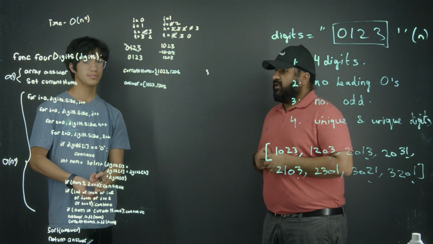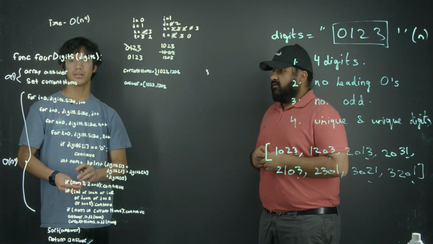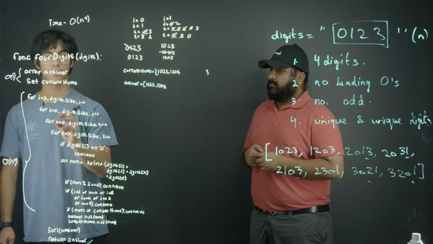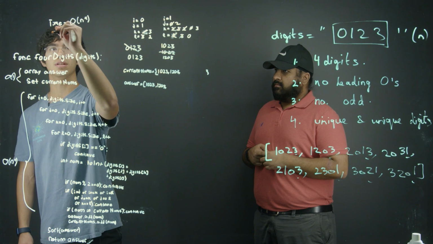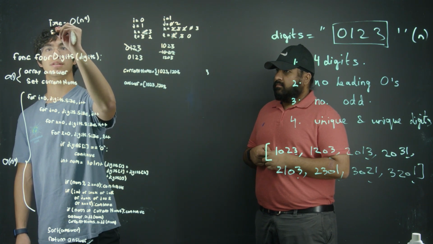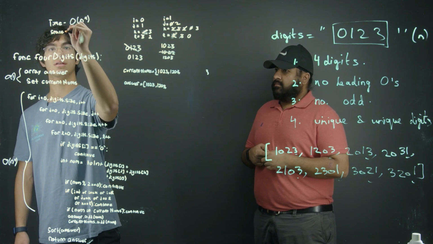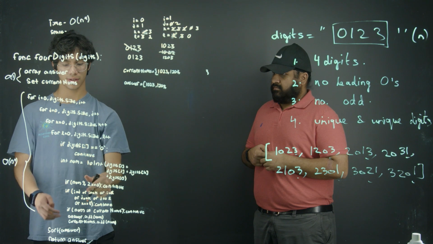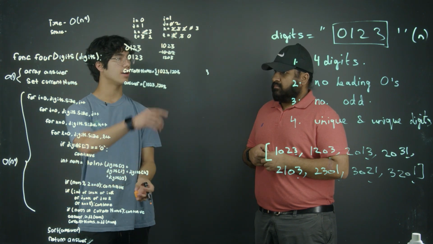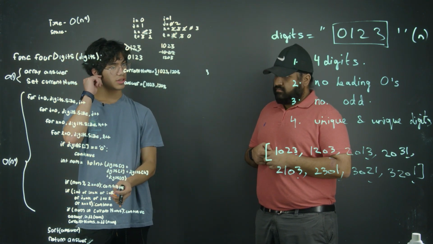Yeah, and what about the space complexity in this case? Sure. So the space complexity is actually reliant on digits. So we're just going to say space, and then, like we said, we're only adding the current nums that satisfy all of these conditions.